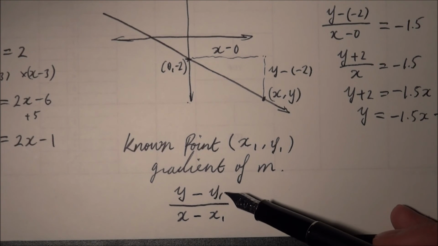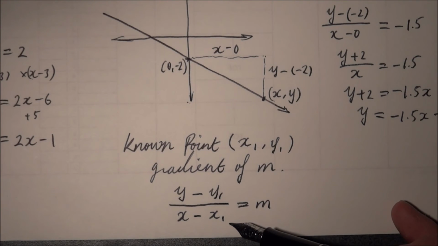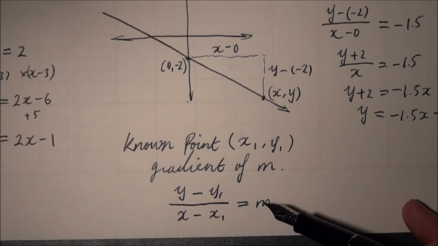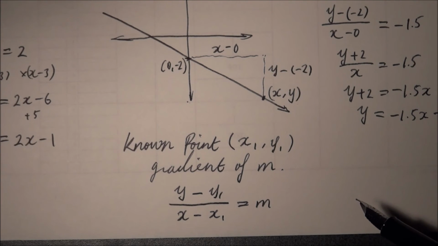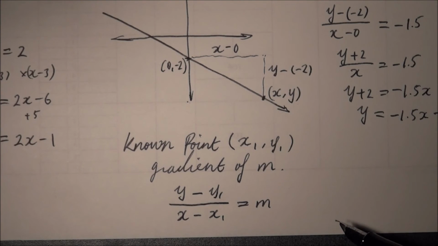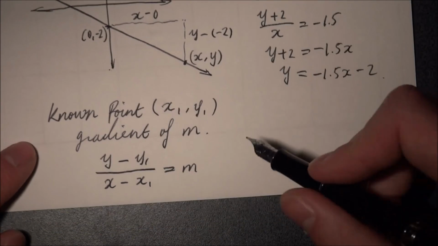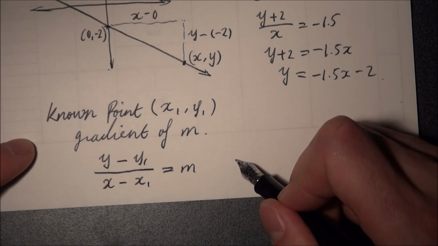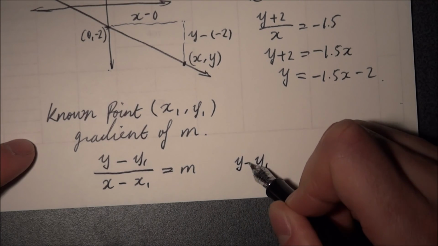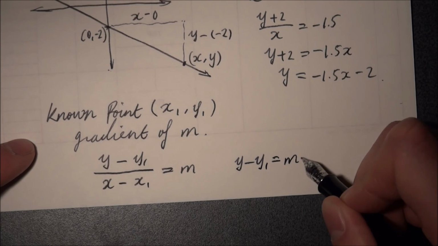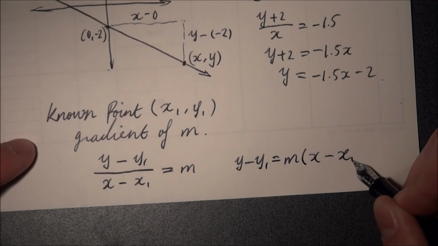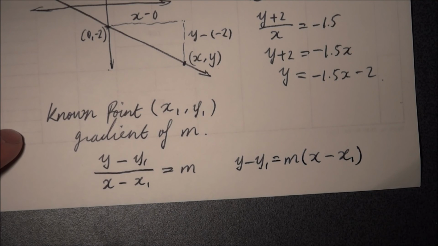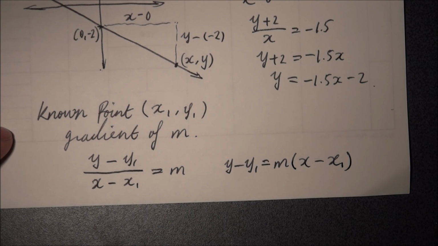So when x1 and y1 are known and m is known, we can just move things around a bit to find the equation of the line. Of course, another way of writing it is to move x minus x1 to the other side. And if you're really keen on memorizing formulas, then these are the ones to remember.